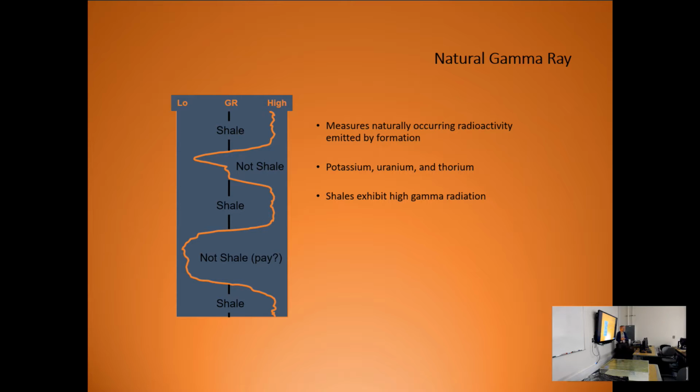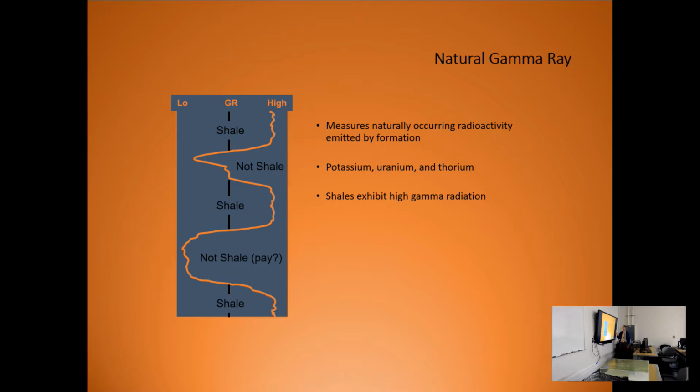What type of mineral would you find potassium in? Those are the geologists. Clay minerals, but there's something called feldspar. I don't have an example with me, but I have some pictures. But they're a typical component of shale. So shales have a lot of potassium in them, so shales will typically have a very high value for gamma radiation. Okay, so that's important to remember.